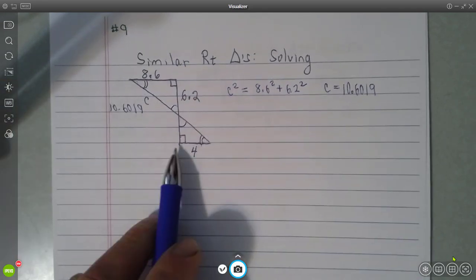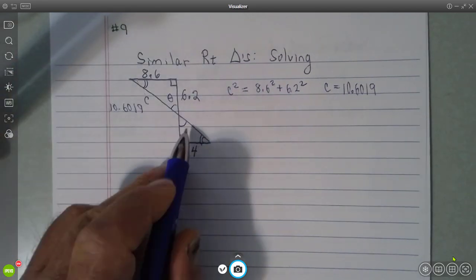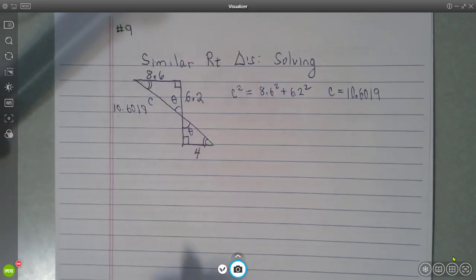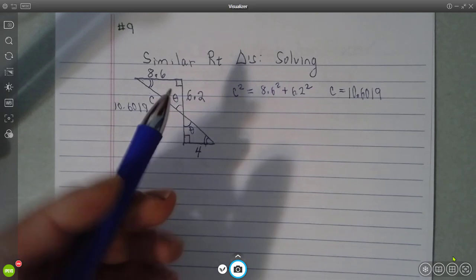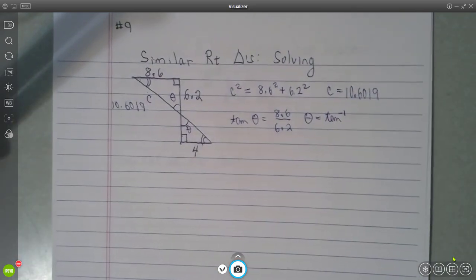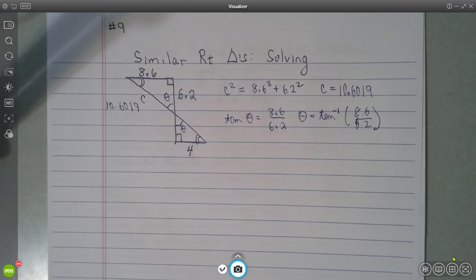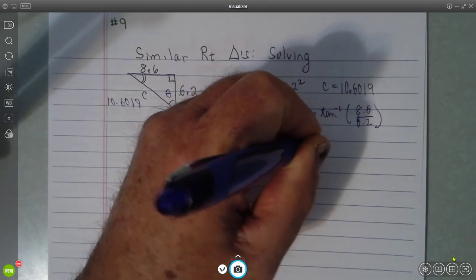And we would like to be able to get one of these two angles. Let's call this one theta, and of course this is also theta here. The tangent of theta is opposite over adjacent, and therefore the inverse tangent of 8.6 over 6.2 is the measure of theta.